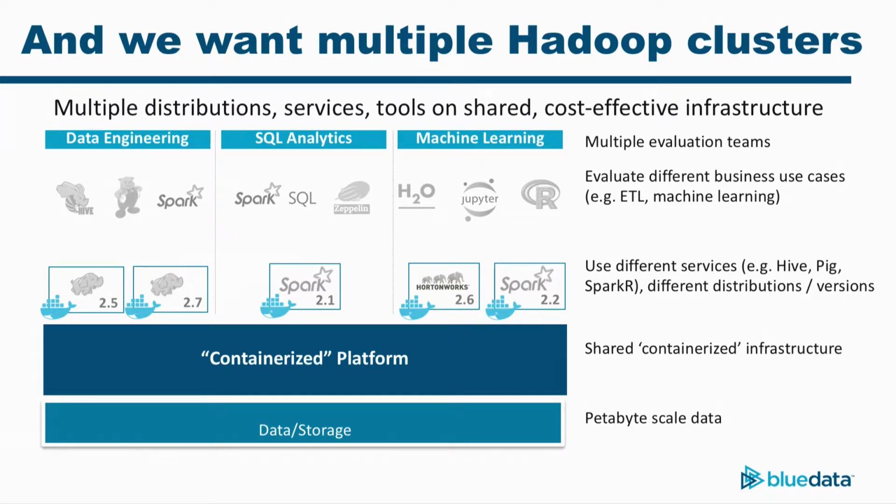Others want to run SQL analytics clusters, perhaps Spark SQL, Presto, Hive with LLAP, whatever the case. So there are multiple different Hadoop clusters to run. Your orchestration is not just about bringing up one cluster on a set of containers, but how do you make that repeatable, and how do you manage the life cycle?